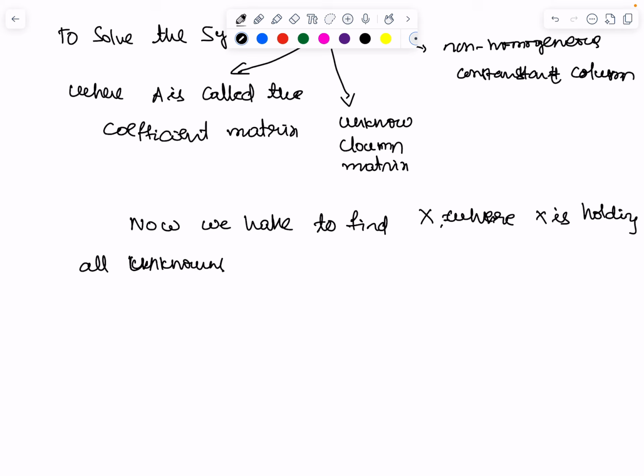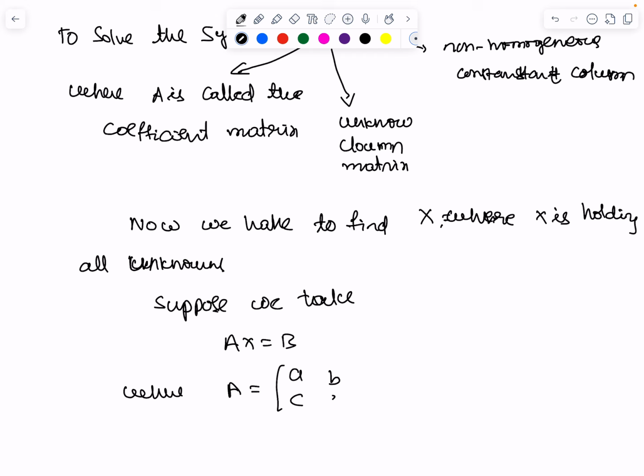That is, suppose we take Ax equal to b, where A is a 2 by 2 matrix with entries a, b, c, d, and x is equal to small x, y, and b is equal to something like e and f.